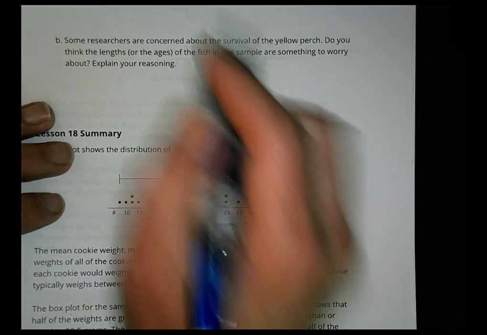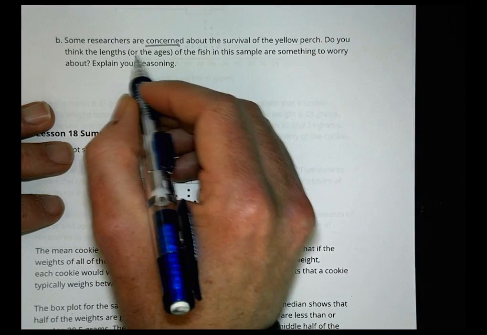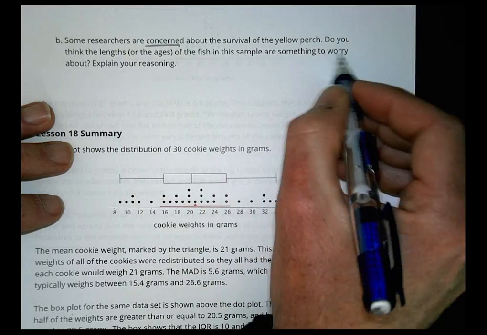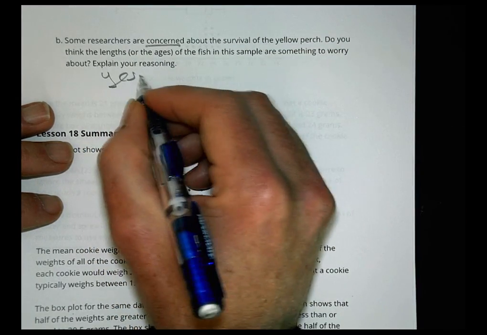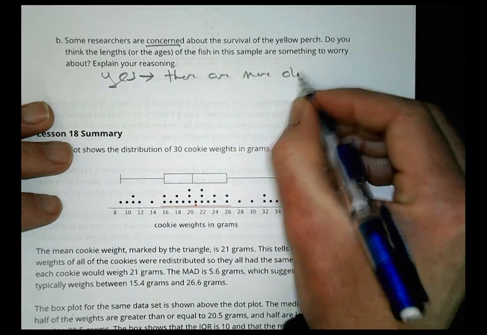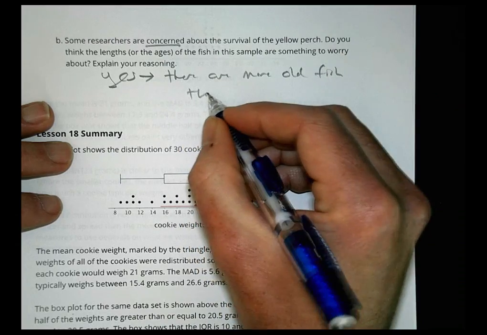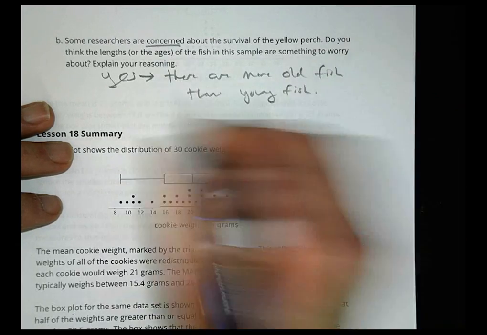So some researchers are concerned about the survival of the yellow perch. Do you think the lengths or the ages of the fish in the sample are something to worry about? Well, we probably would say yes, because there are more old fish than young fish in the sample. So the question can be, where are all the young fish?